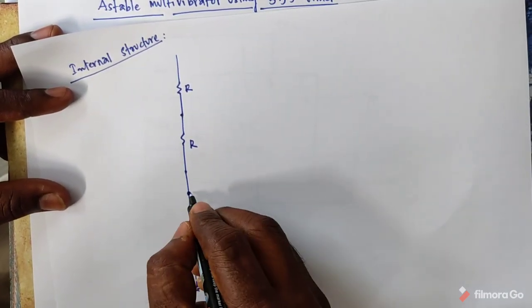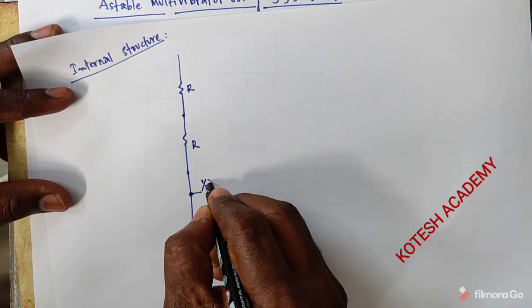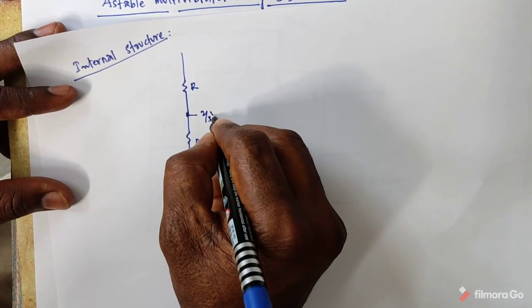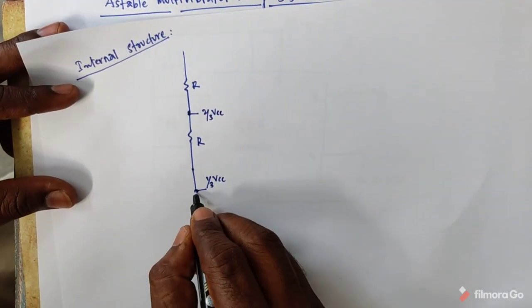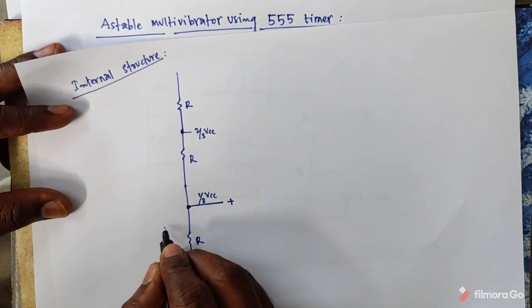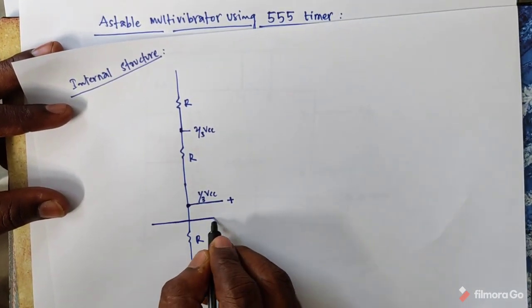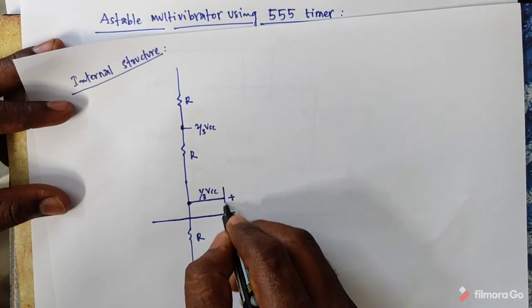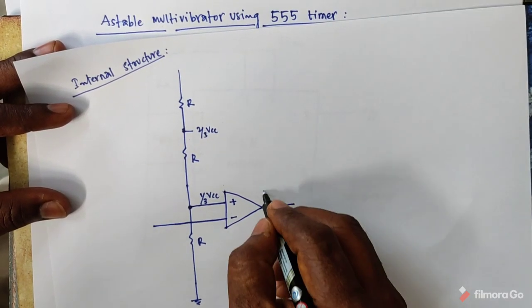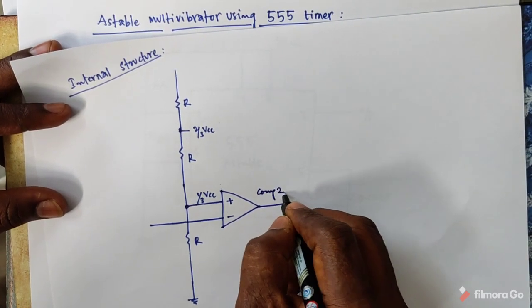The first voltage drop across the resistor is 1/3 of VCC. This voltage is 2/3 of VCC. At 1/3 of VCC, that is connected to the positive terminal, and here the negative terminal is connected from the trigger. This is comparator 2.